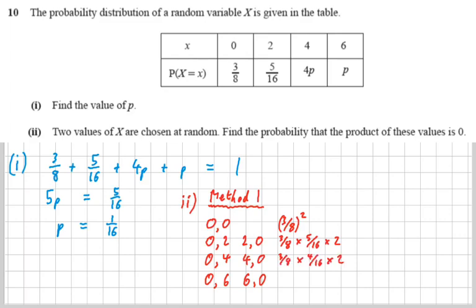Similarly, 3/8 times 4/16, that's 4p, and then doubled, because it could be 0, 4 or 4, 0. And then 3/8 times 1/16 for the last pair, doubled, again because there's 2 of them. If you add up all of this, plus this, plus this, plus this, we get our answer, which is 39/64.